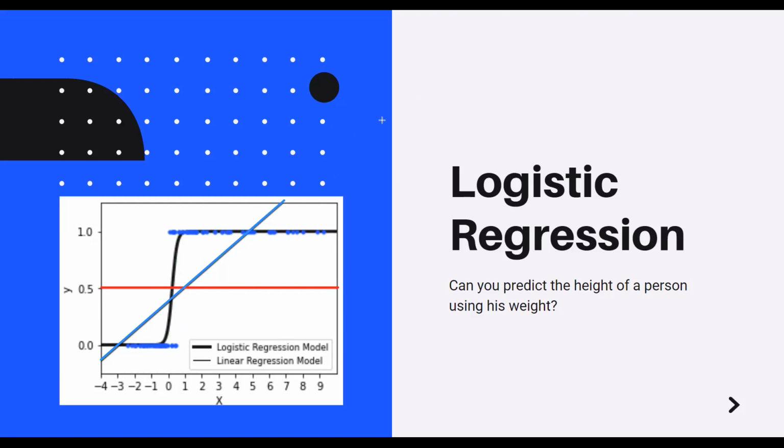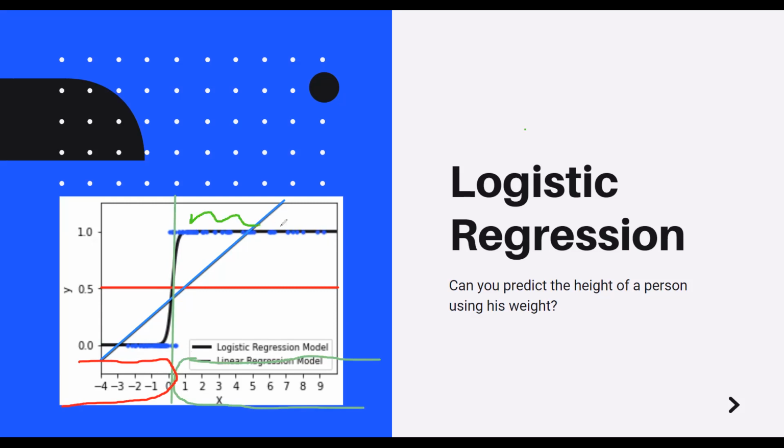The correct answer is this. Here. This is the decision boundary for logistic regression. Everything from this side is predicted as the positive class, and everything from this side is predicted as the negative class.